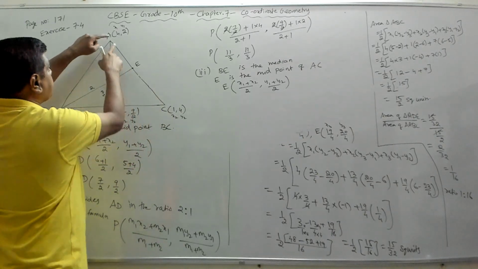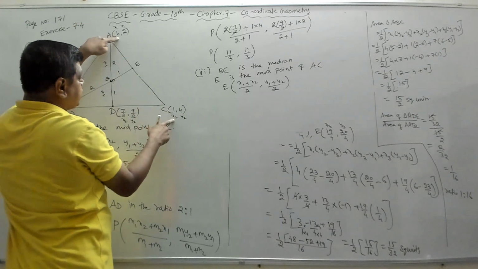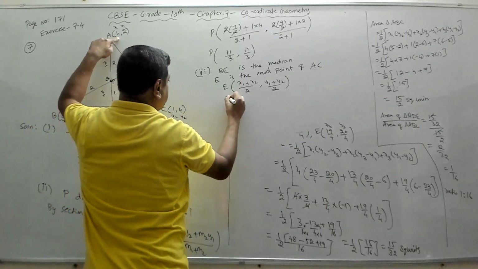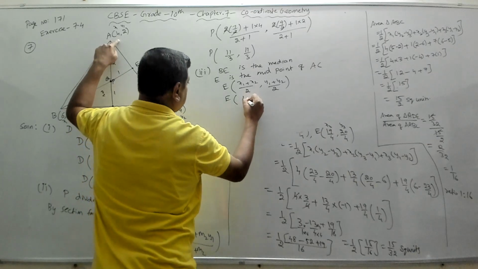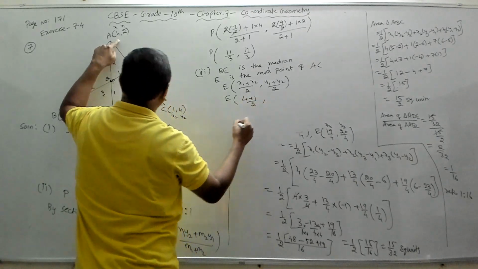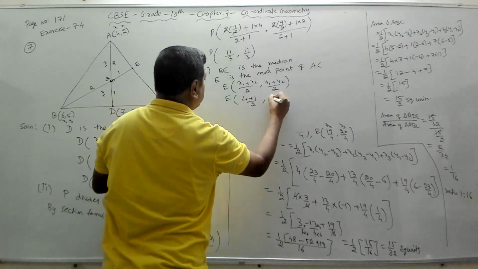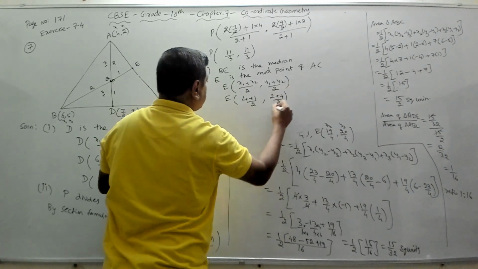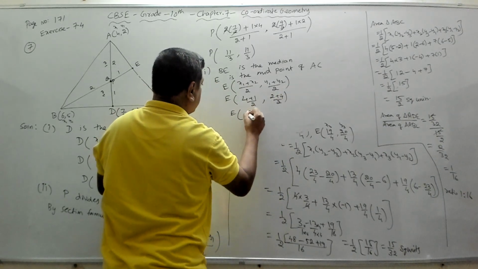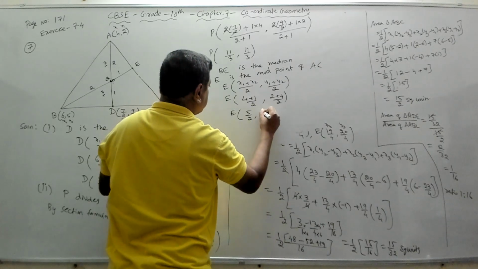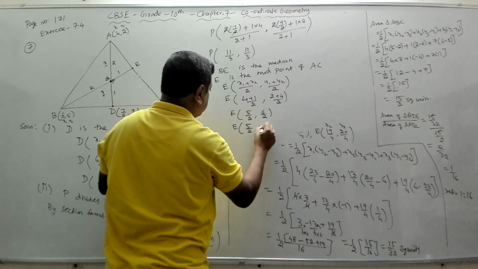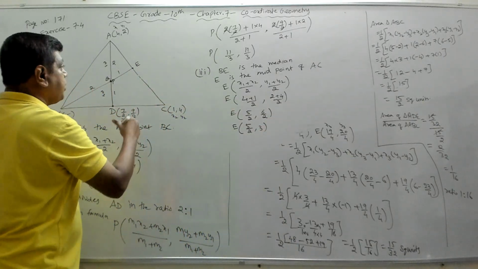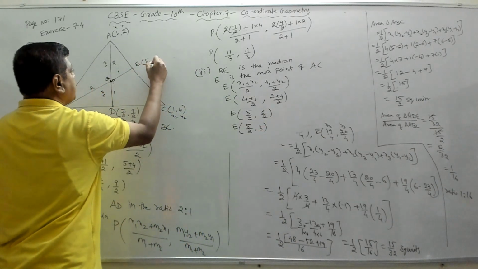So if you apply that, your E becomes 4 plus 1 by 2, comma 2 plus 4 by 2. That gives you E as 5 by 2, comma 6 by 2, which is 5 by 2, comma 3. So point E is 5 by 2, comma 3.